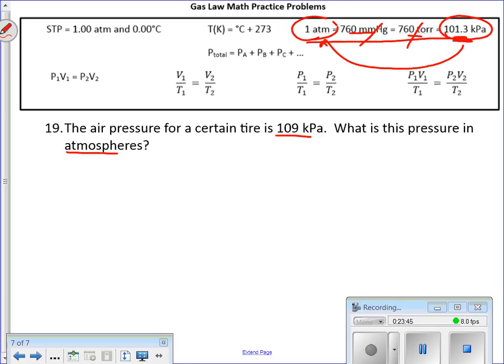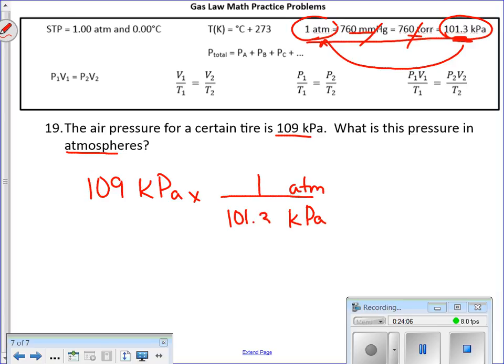Okay, so I'm going to start with my given, 109 kilopascals. And I want to go from kilopascals to atms. So atms is what I want to go to. Kilopascals, what I need to get rid of. And if you look at your relationship at the top, 1 atm is equal to 101.3 kilopascals.